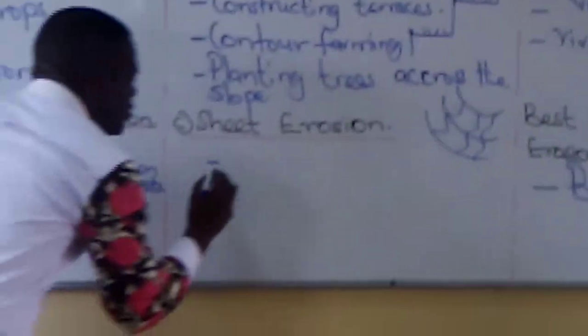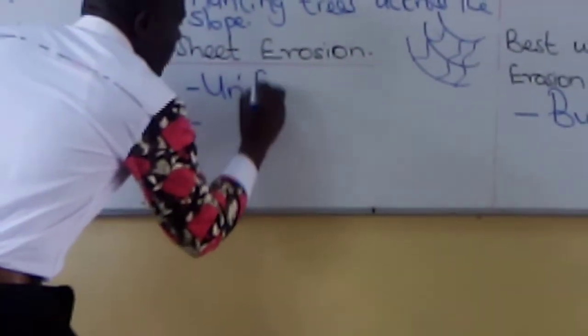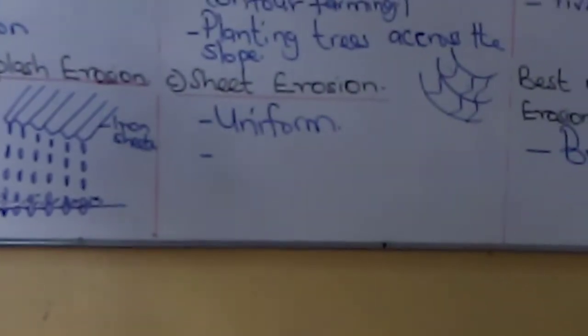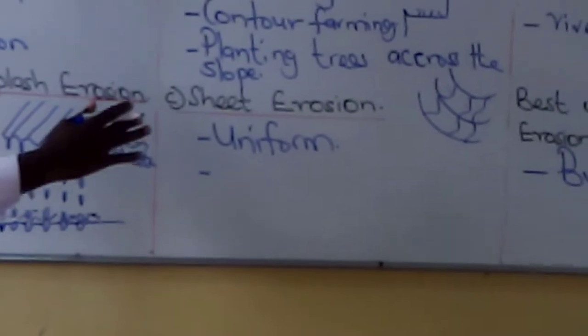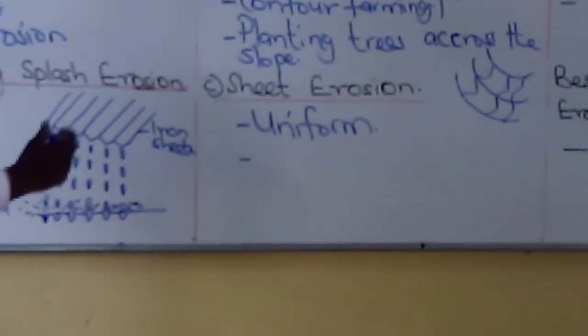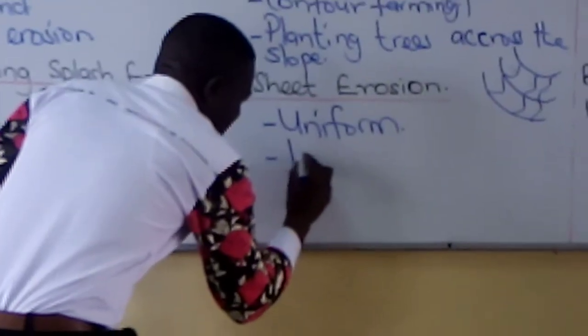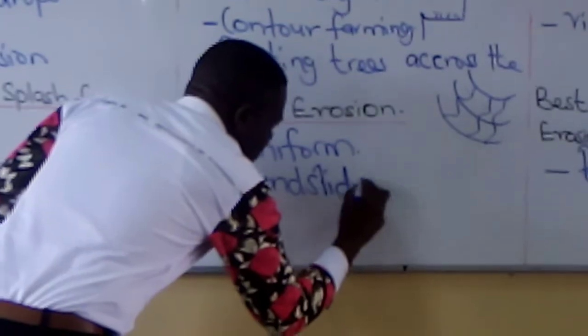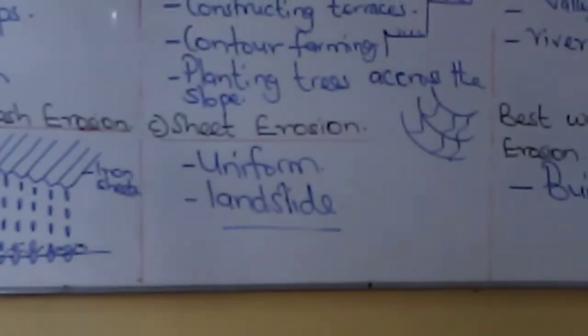Sheet erosion may not be noticed. It's uniform. It cannot be noticed when the water is flowing down. It's also called a landslide. Sheet erosion is a form of landslide.